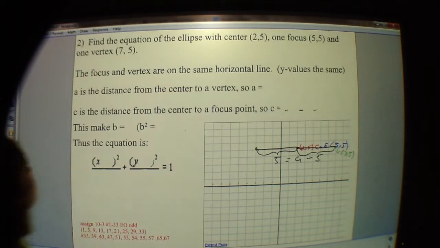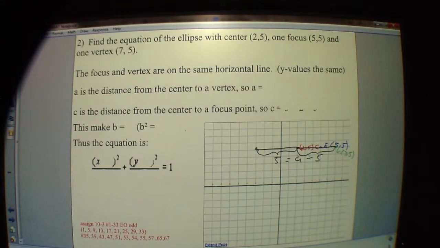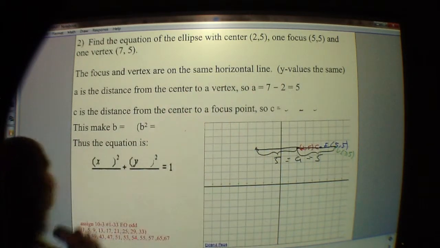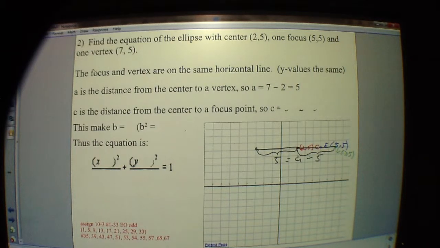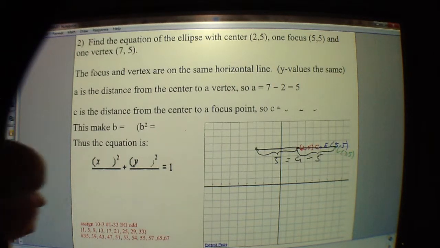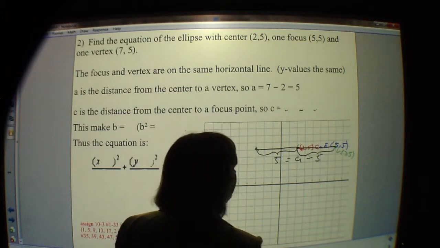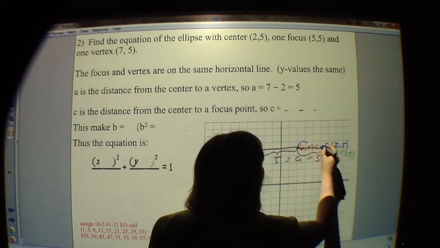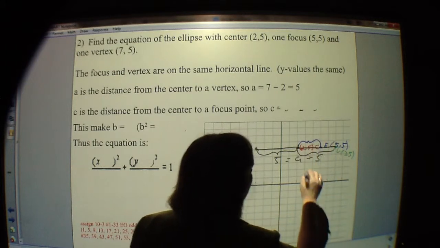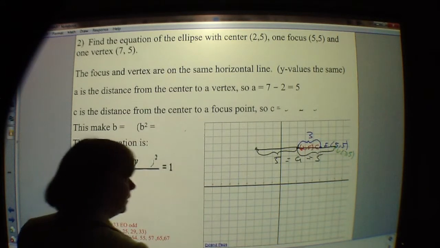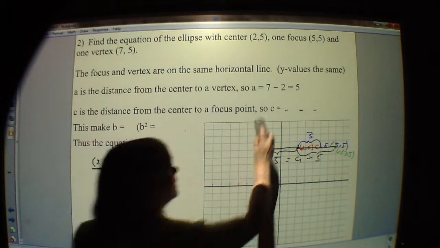So let's start doing this. The focus and vertex are on the same horizontal line. A is the distance from the center to the vertex, so A is 5. C is the distance from the center to the focus point. So from 2, 5 to 5, 5, that's 3, so that's what C is.